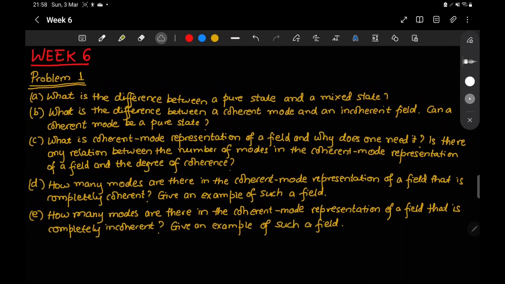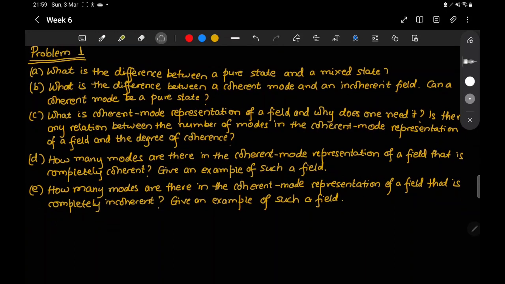Part B. What is the difference between a coherent mode and an incoherent field? Can a coherent mode be a pure state? Part C. What is coherent mode representation of a field and why does one need it? Is there any relation between the number of modes in the coherent mode representation of a field and the degree of coherence?